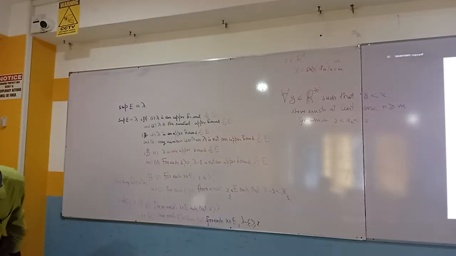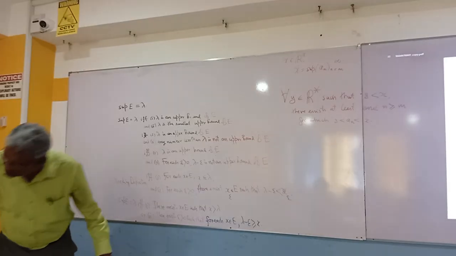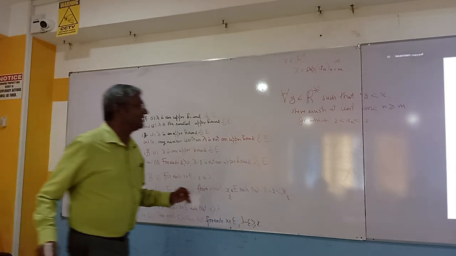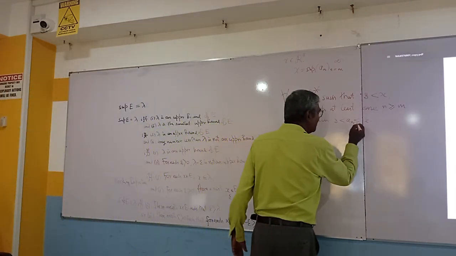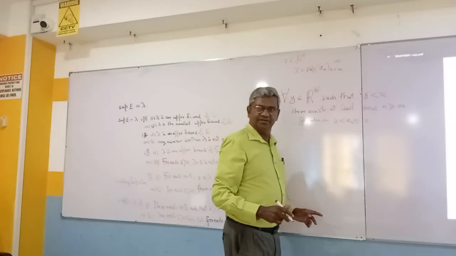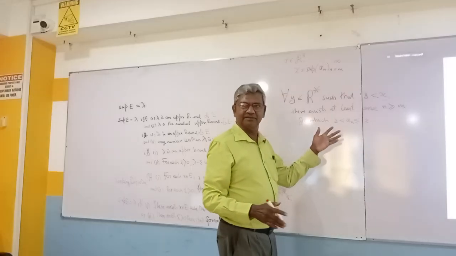Can you do it? What it says is, if you take any real number less than the supremum, there must be at least one a_n greater than that real number, however less than or equal to x. I mean, this side is always true, no? We have proved it actually.